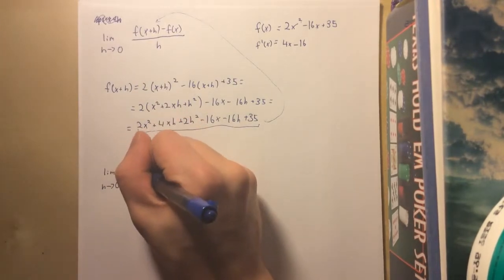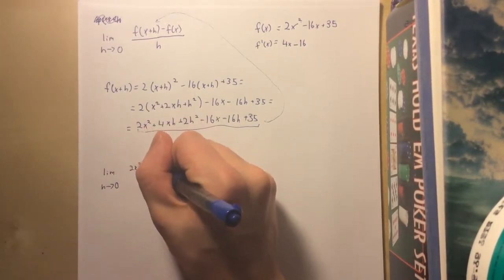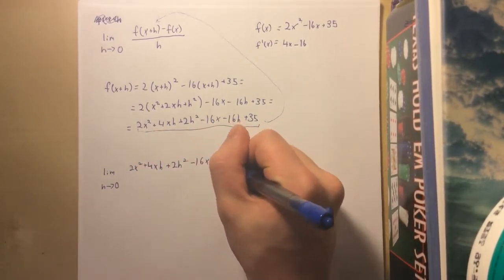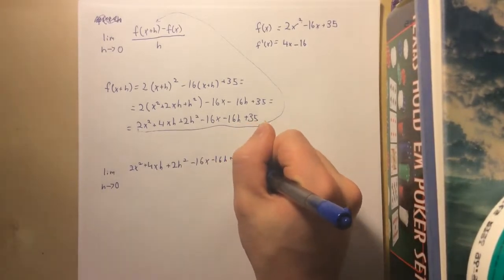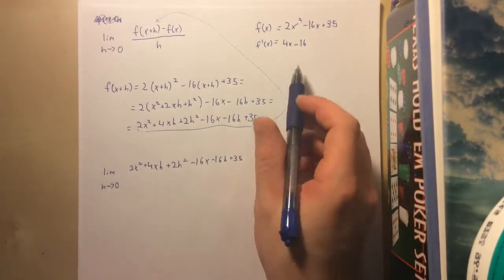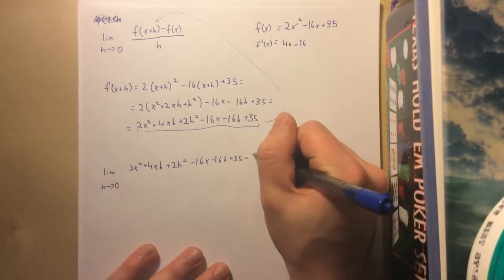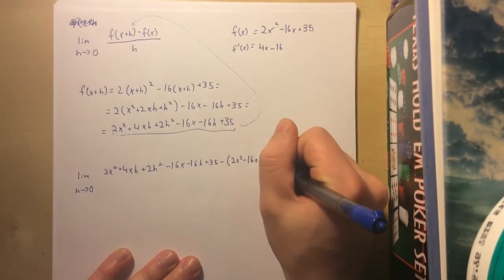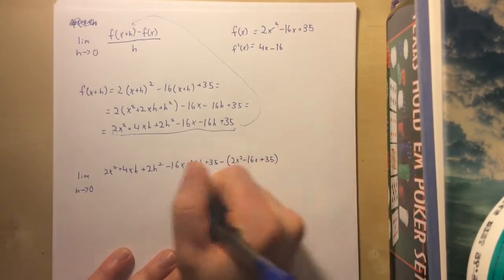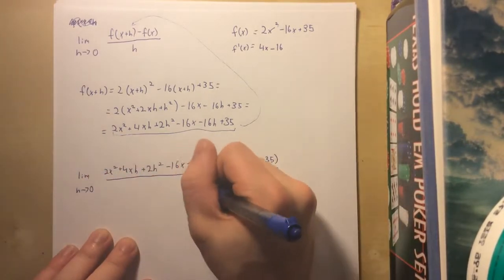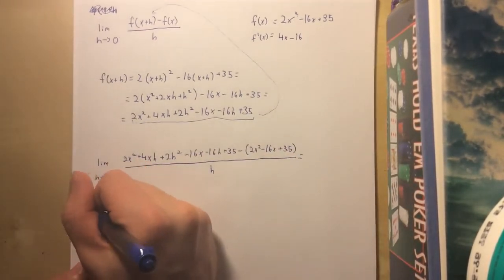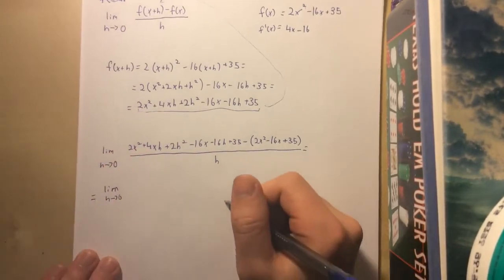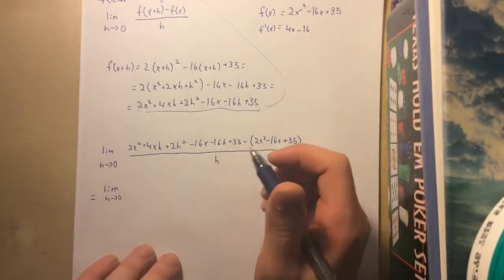So we get 2x squared plus 4xh plus 2h squared minus 16x minus 16h plus 35. And we're going to subtract from that f of x, so minus 2x squared minus 16x plus 35, all that over h, equals limit notation. Never forget to use limit notation. I can't stress how important that is.